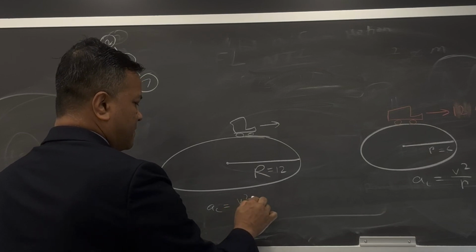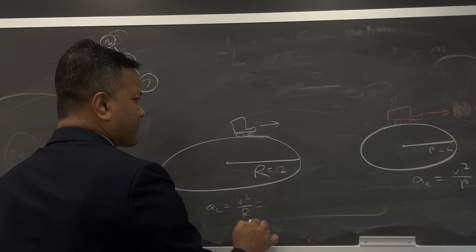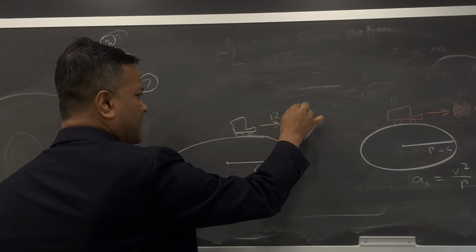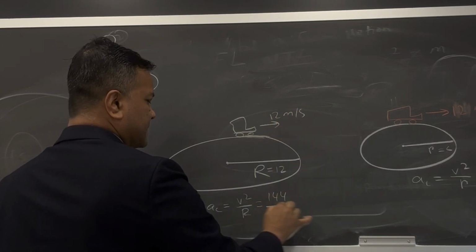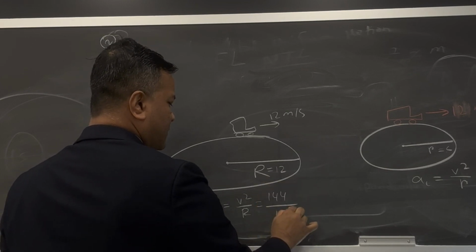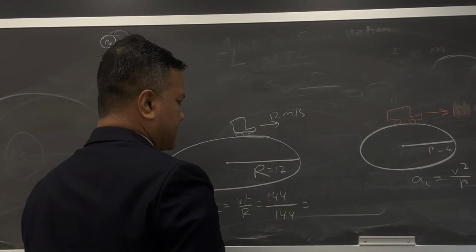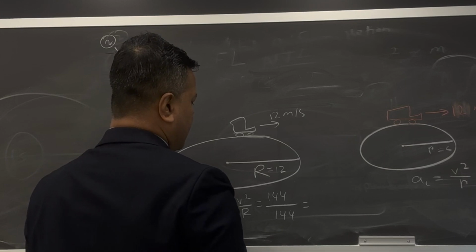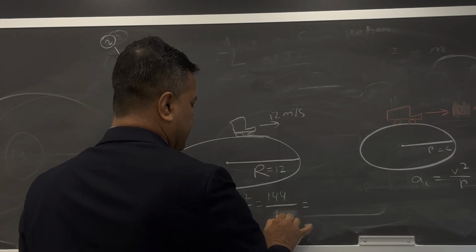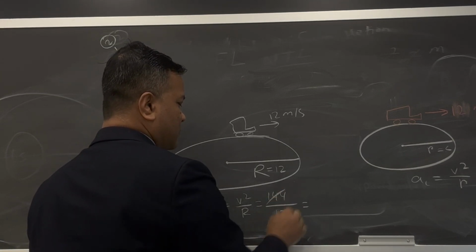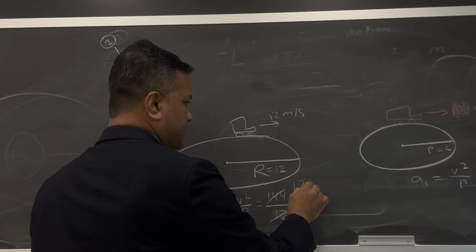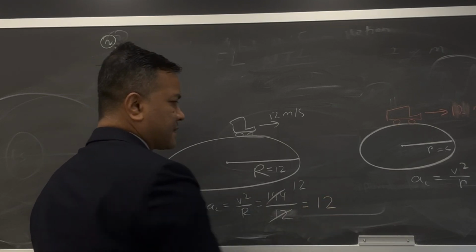V squared over r. Again, it moves with the same velocity, so 144 divided by 12, because r is 12. 12 goes into 14 once, and the result is 12.